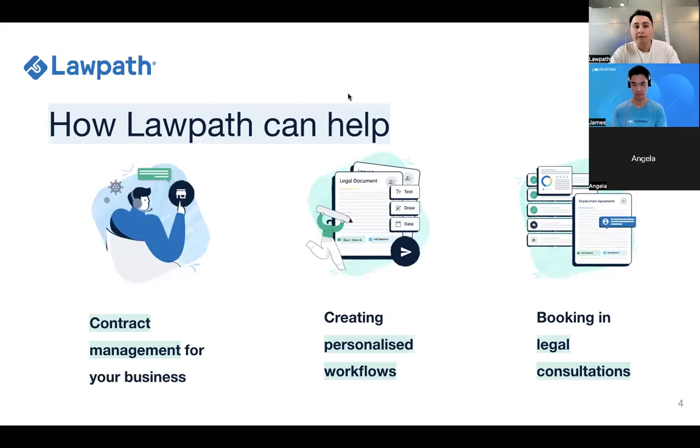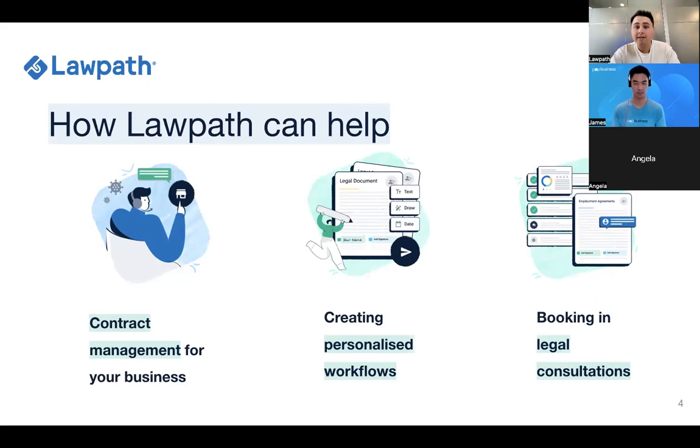So how can Lawpath help? Firstly, as I mentioned, we have contract management for your business. Our legal documents and templates library has over 350 documents, and these include things like employment agreements, employee handbooks, company registration documents, and intellectual property documents. Anything that your business might require in the form of a legal document, we most likely have on the platform.